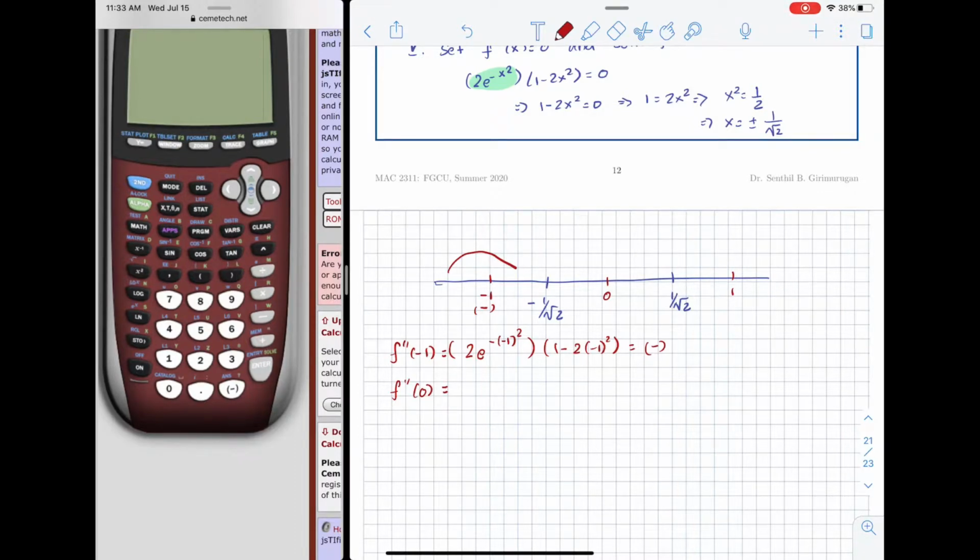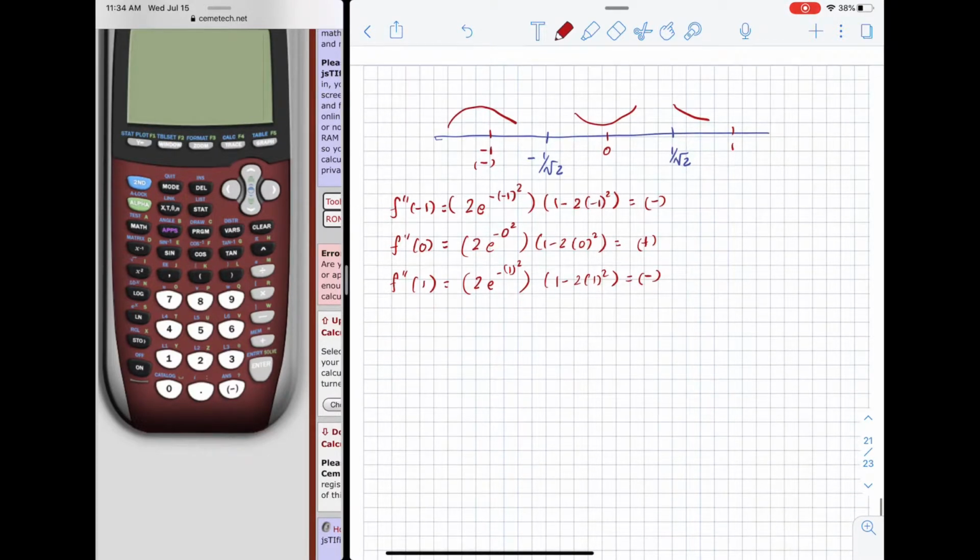I'm going to pick 0: 2 e raised to negative 0 squared times 1 minus 2 times 0 squared, and that is going to give us concave up. And pick an easy number, which is 1: 2 e raised to minus 1 squared, 1 minus 2 times 1 squared, which will give me a negative number. It's going to be concave down.